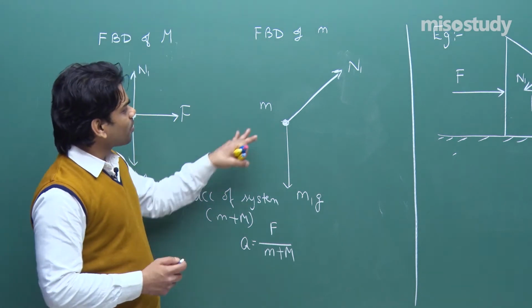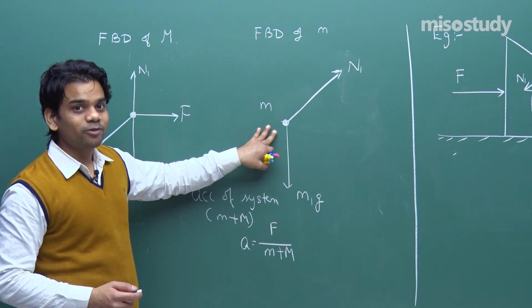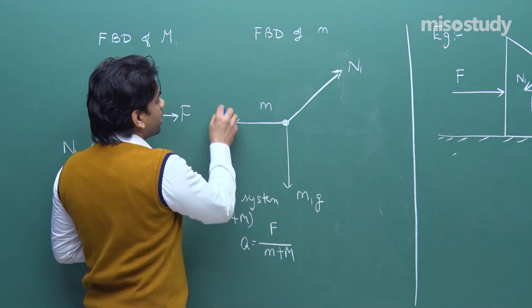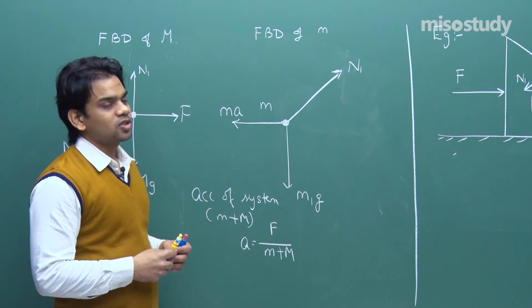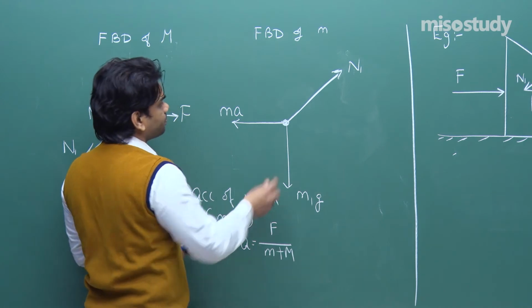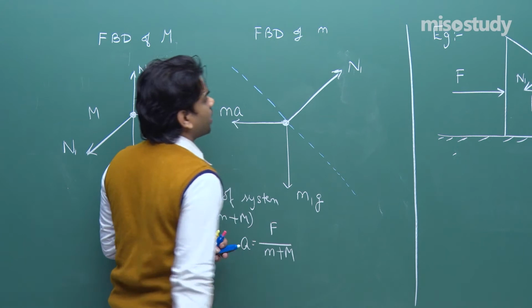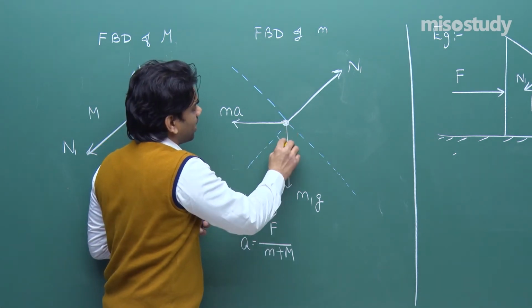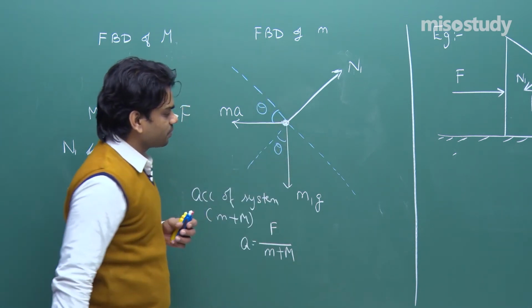Now, to apply Newton's laws of motion being on the reference frame of the wedge, we have to apply a pseudo force in the opposite direction, as I just told. So apply a pseudo force m into a, where a is F upon M plus m. Now I'm going to draw a line parallel to the plane of the incline. This will be angle theta and this will also be angle theta, which you can easily identify.